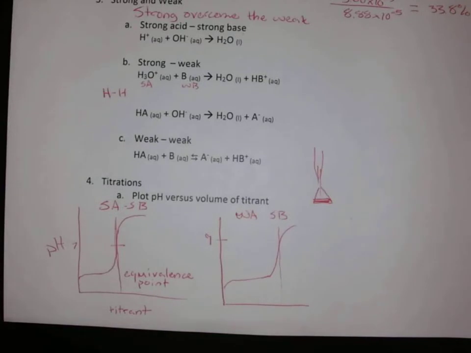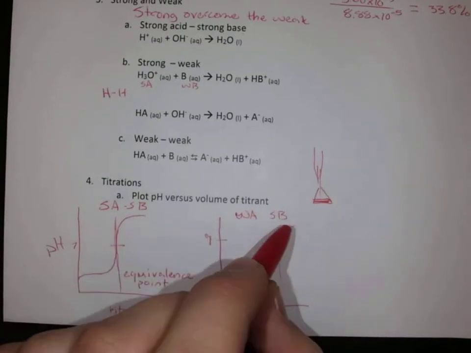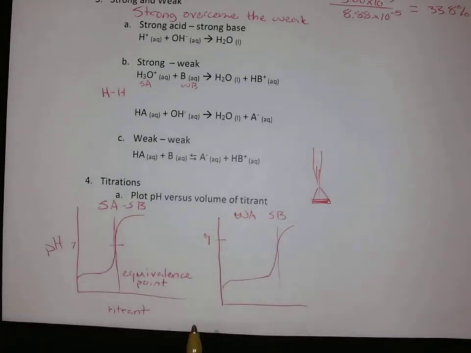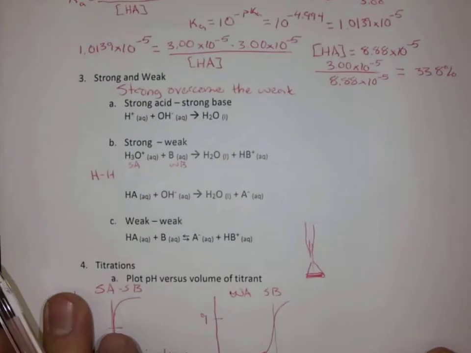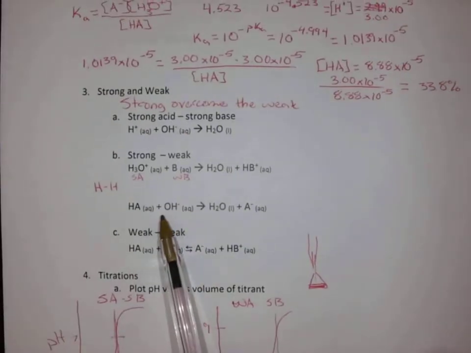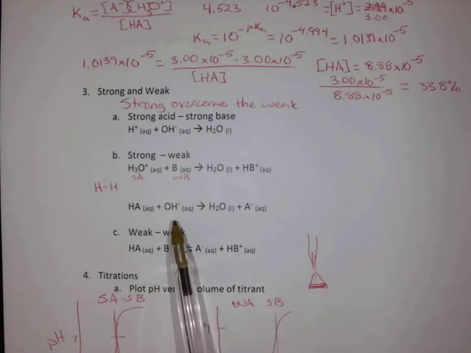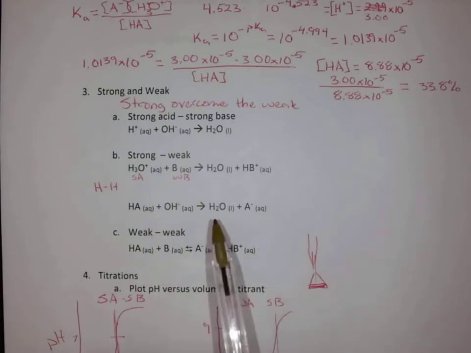All right, so we're talking about our weak acid being titrated by a strong base. We said that the equivalence point is above a pH of 7. That's because, again, we have this equilibrium up here. If we're adding a strong base, we're still going to have this equilibrium going back and forth.